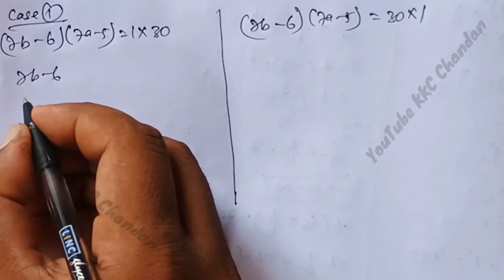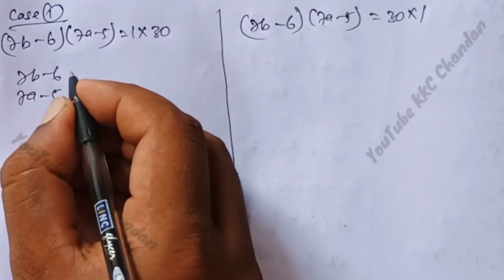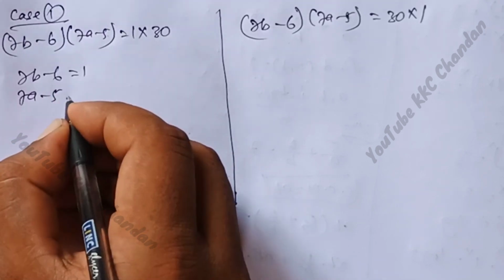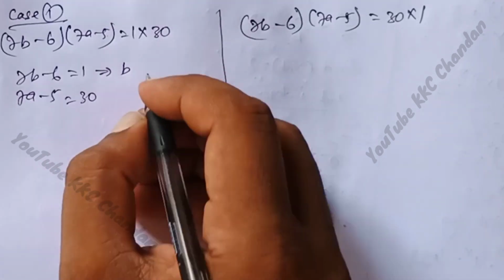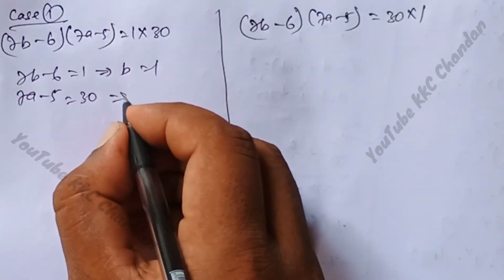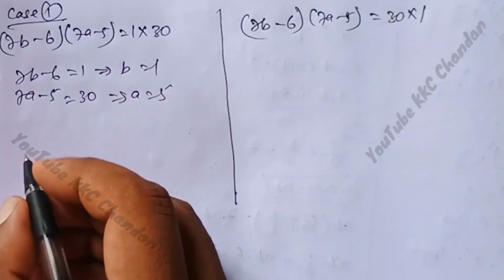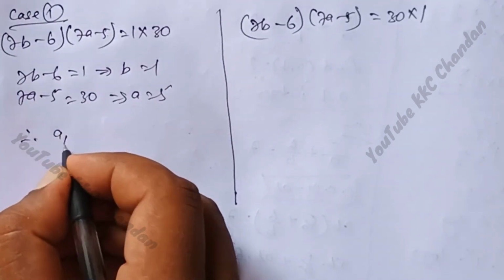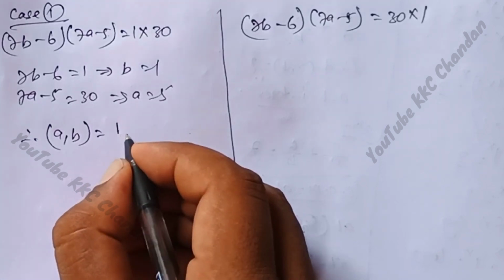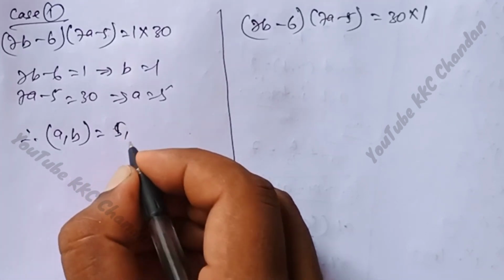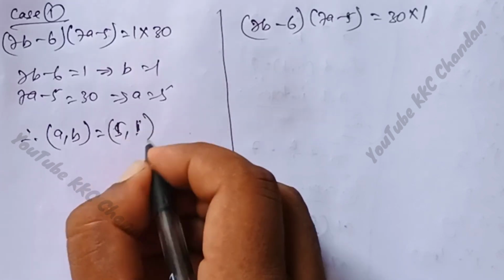So 7b minus 6 is equal to 1 and 7a minus 5 is equal to 30. Here b value is equal to 1 and a value is equal to 5. So a value is 5 and b value is 1.